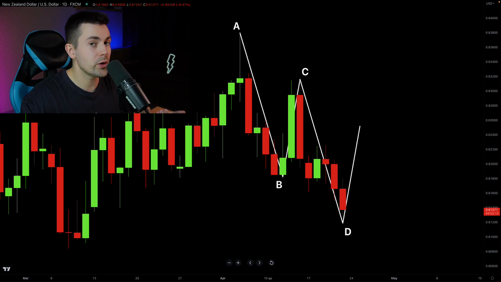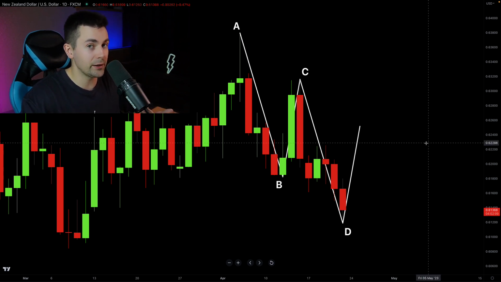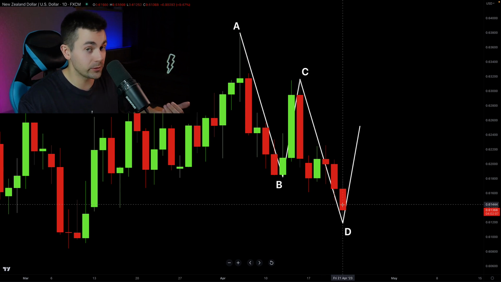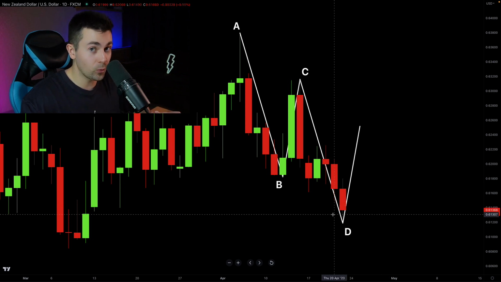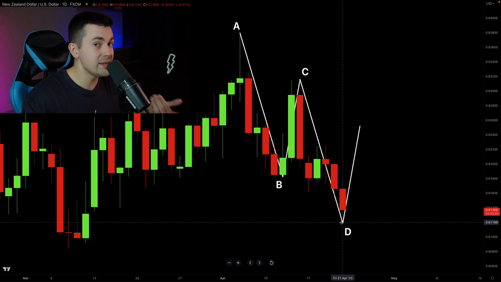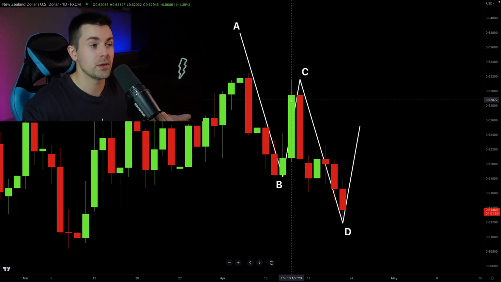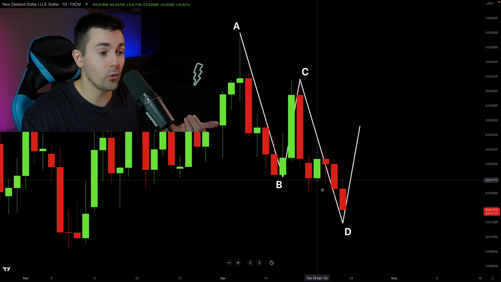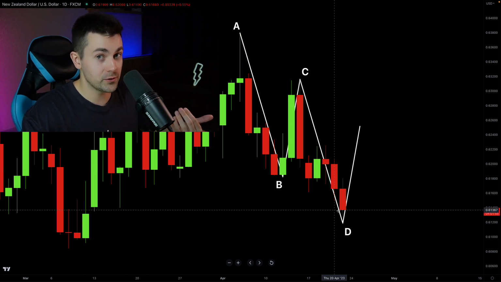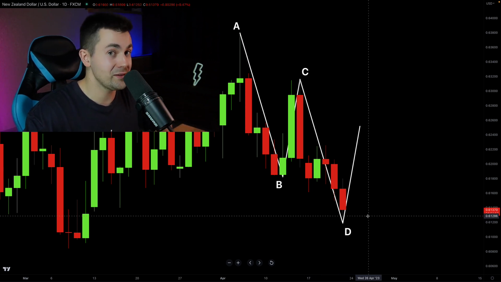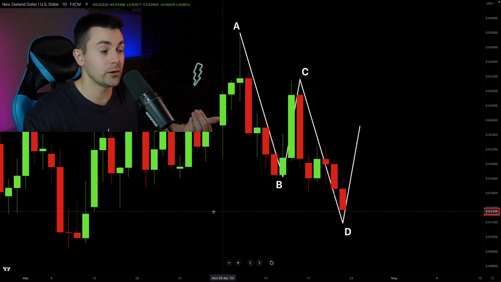And now let me share with you a very important rule. Remember that the harmonic ABCD pattern will be much more accurate if the completion point of the pattern, if the D point of the pattern is lying on a key level. So each time when you spot a harmonic movement, look left at structure and check if the D point of the pattern is lying on a key level.